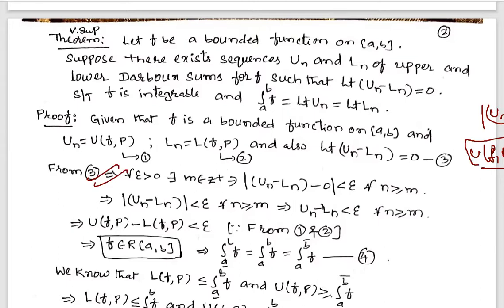If f is Riemann integrable, what is the condition that we have? The lower integral from a to b equals the upper integral from a to b, right? And now, we know that L(f, P) is less than or equals to the lower integral, and U(f, P) is greater than or equals to the upper integral.